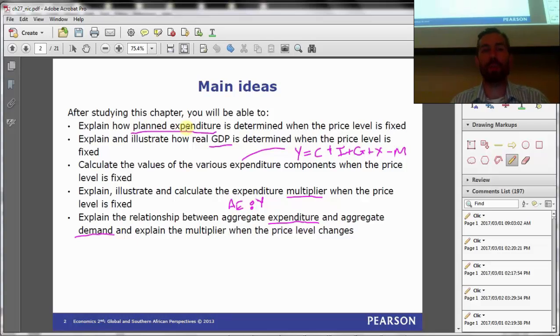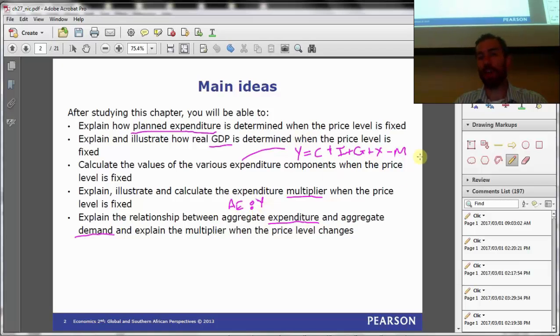So remember that when we're talking about planned expenditure, the components of expenditure are C, I, G, X, and M. And what we're going to discuss when we talk about planned expenditure is aggregate expenditure. We call it AE.